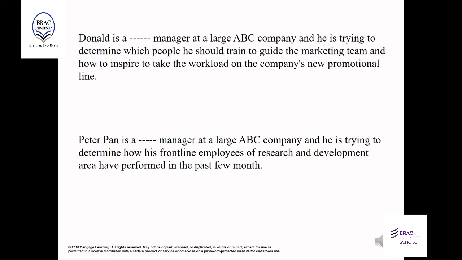Now move on to the third case. In the third case, we found the person named Donald. He's a manager of a company and he's trying to find the person whom he could train to guide the final marketing team. Now what is he doing? He is trying to find the person whom he could train.